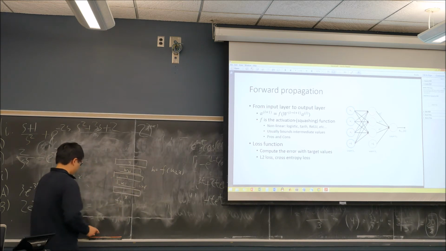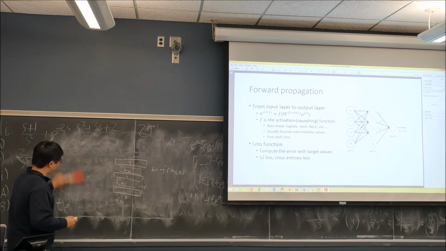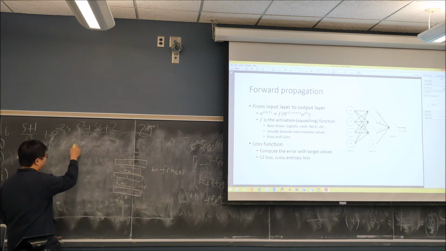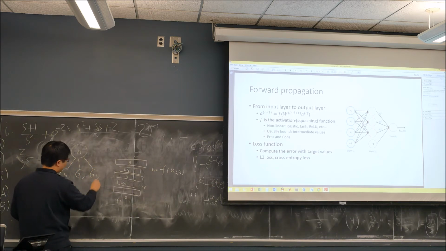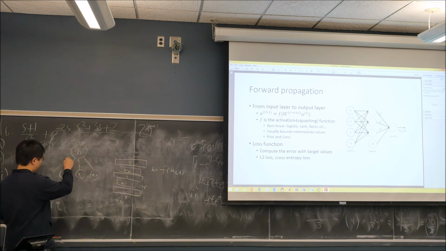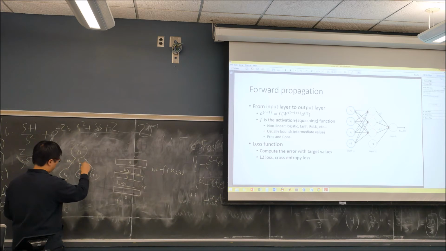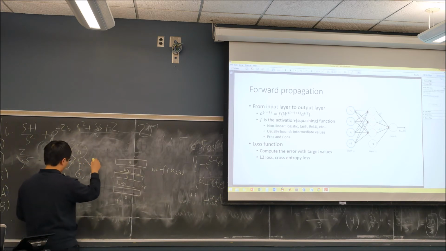I'll write another structure. Let's say this is a neuron in the layer, and then you have x1, x2, and probably this is the bias. So this is the weight, let's say 1, 2, and this is 0.